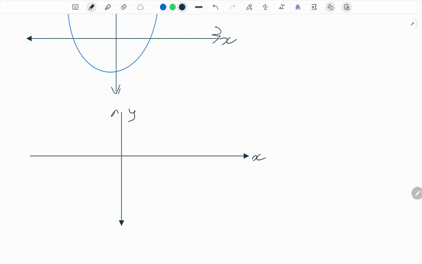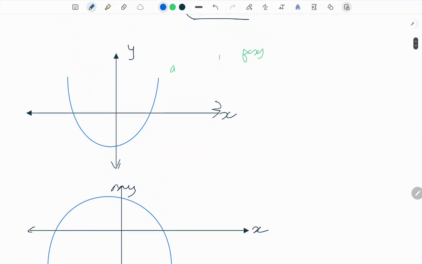This is x-axis and this is the y-axis. Oh boy.